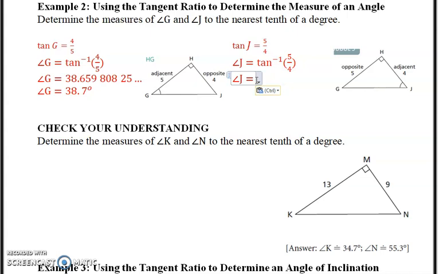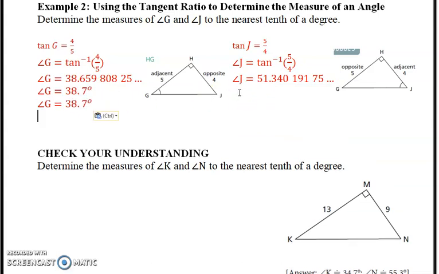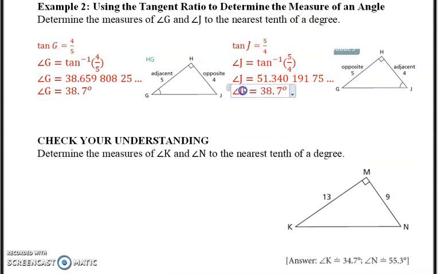Inverse tan of 5/4 or 1.25, and that gives you 51.34019175, and so on. And we're going to round that. So angle J is equal to 51, and then the 4 rounds down, leaving a 3. We get 51.3.